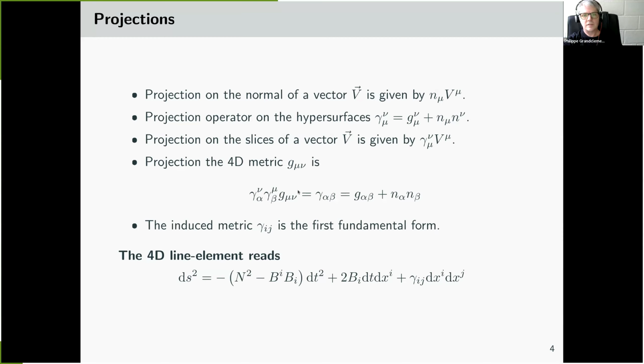If you take the four-dimensional metric and project both indices on the hypersurface, you end up with what is called the induced metric, which is the first fundamental form. Once you know the lapse, the shift, and the induced metric, you can reconstruct the full four-dimensional metric by this expression here, which is the standard 3+1 expression.